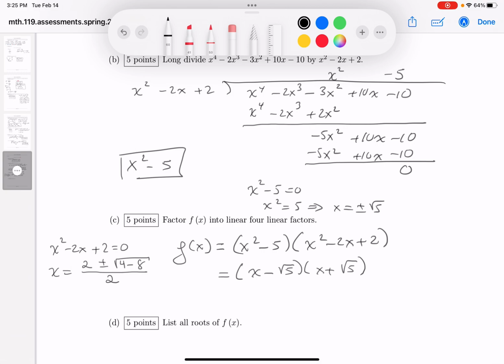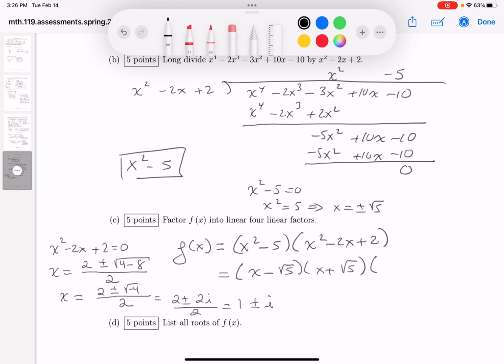All right, what do you get here? X equals, we just use the quadratic formula. I have to simplify this because it looks crazy. 2 plus or minus the square root of minus 4. Well, I know what that is. It's 2 plus or minus 2i over 2, which gives me 1 plus or minus i. There are 2 roots there.